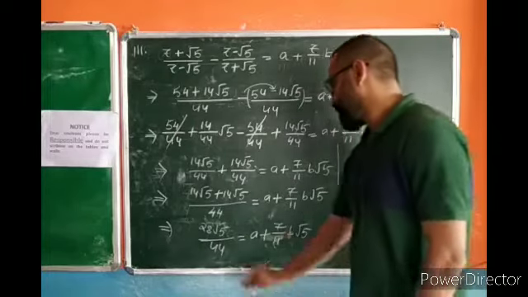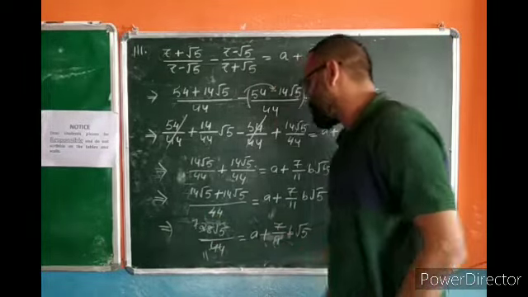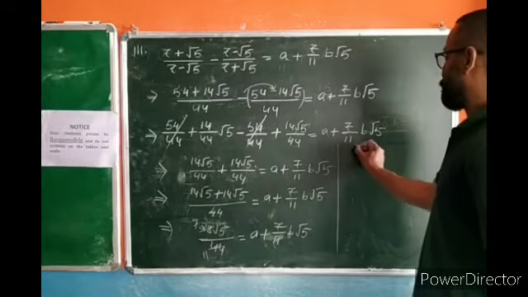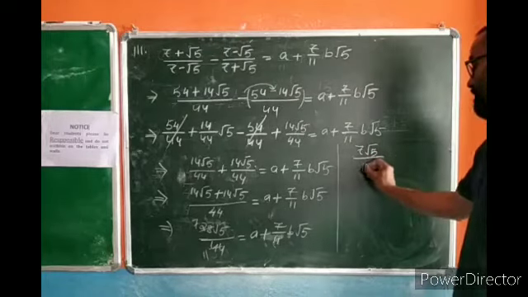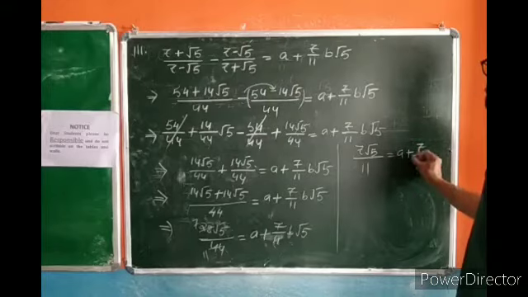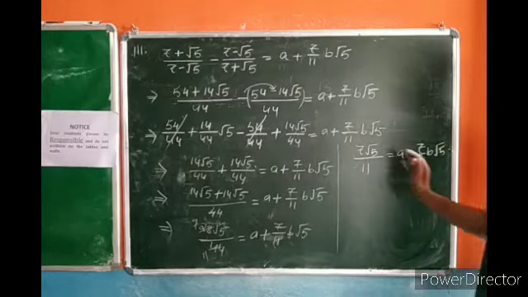Cancellation over there: 4 sevens are 28, 4 elevens are 44. So we are left with 7 root 5 divided by 11 equals a plus 7 by 11 b root 5. We compare it.